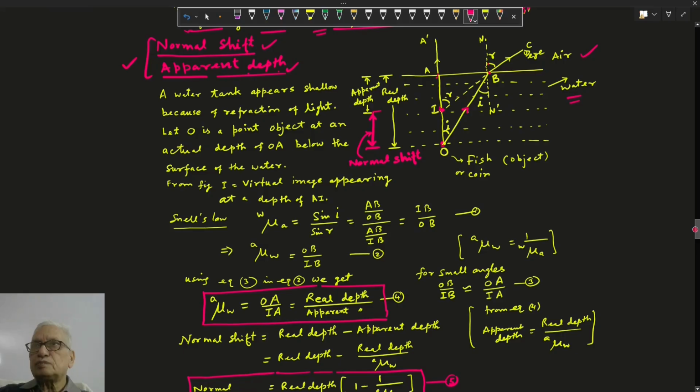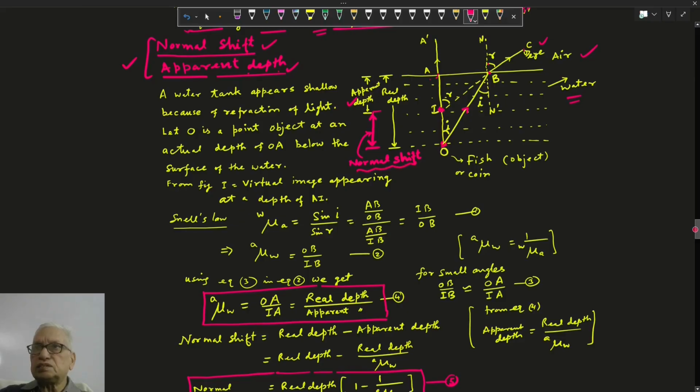So here suppose I is here at C, it seems this ray is coming from I, not O. Actually it is coming from object O, but for the eye it seems to be coming from this point I. I को ऐसा लगेगा कि ये यहाँ पे दिख रहा है I पर, not at O. Actual O फिश यहाँ पर ऑब्जेक्ट कॉइन है, यहाँ पर O पर हमें दिखेगा.